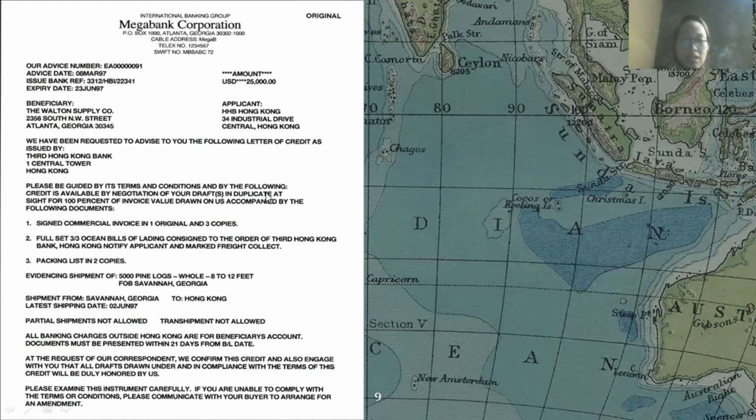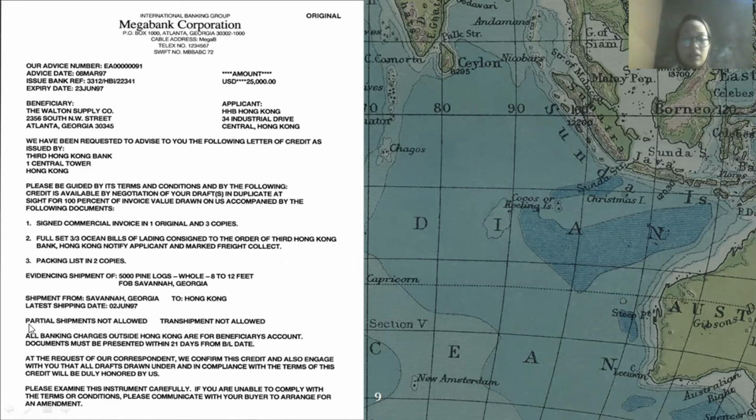Next part is shipping document negotiation terms. This letter has 3 negotiation terms, such as commercial invoice in 1 original and 3 copies. Next part is the latest shipping date in this letter, June 2nd, 1997, and next part is the terms of shipment.